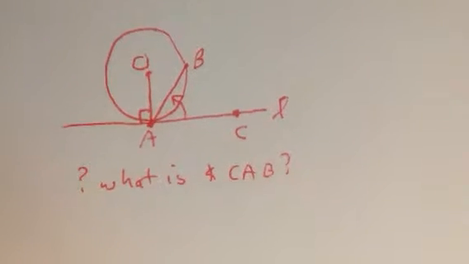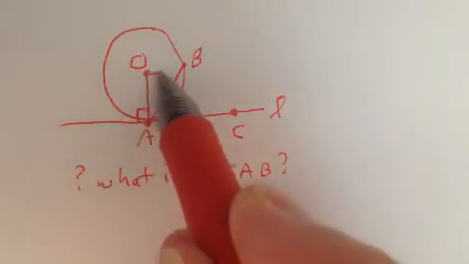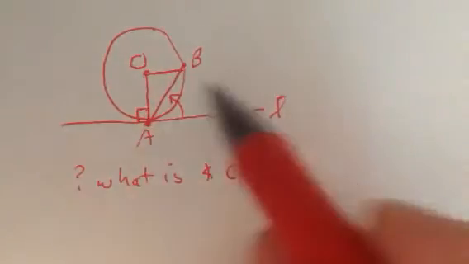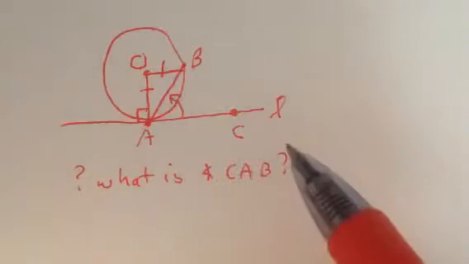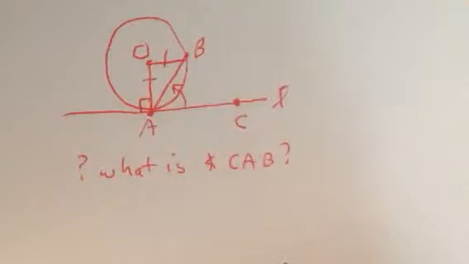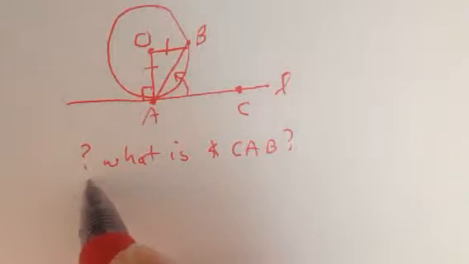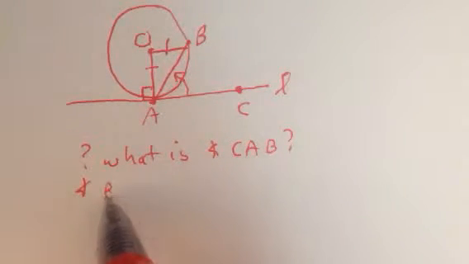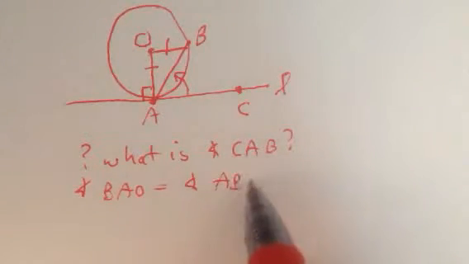So just as we do so many times, what we're going to do here is draw a radius, OB. That will give us line segment OA is equal to line segment OB. Gives us an isosceles triangle. We know in an isosceles triangle that the base angles are equal. So we now have that angle BAO equals angle ABO.